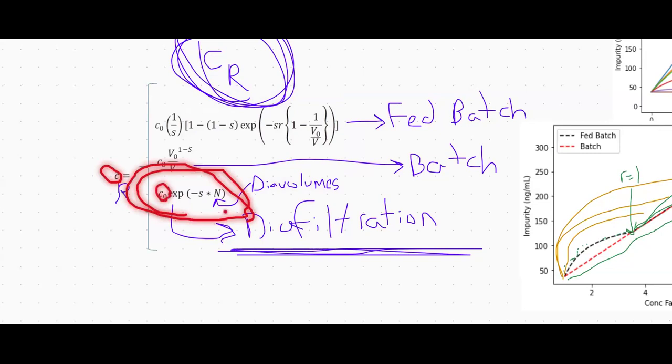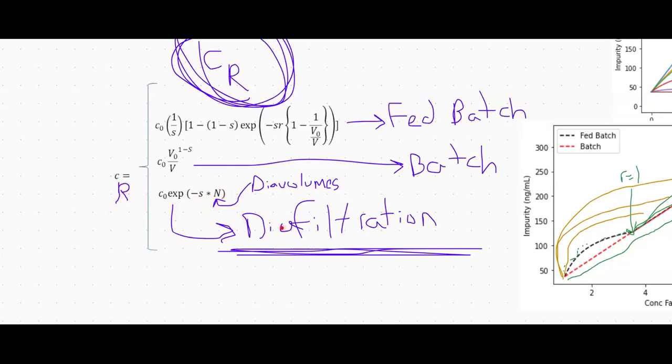You know the number of dia volumes N. Why don't you just use that? Well, you can. You can have two concentrations and estimate your sieving factor based off your starting concentration, C naught, your final concentration, C, and your number of dia volumes. You can calculate S. You can definitely do that.